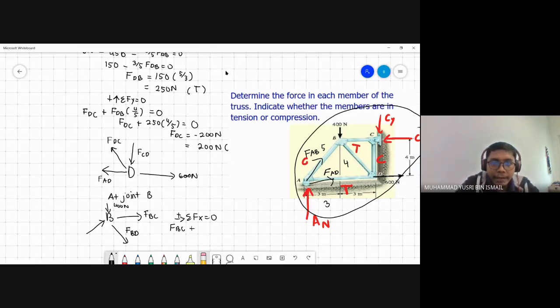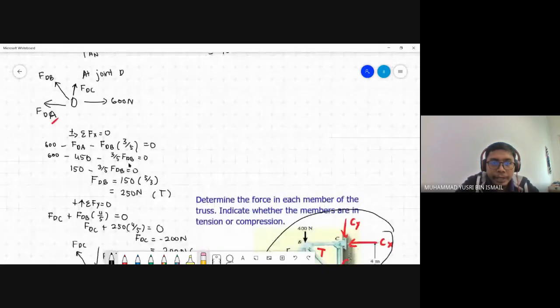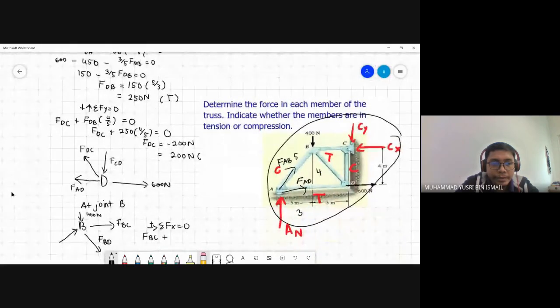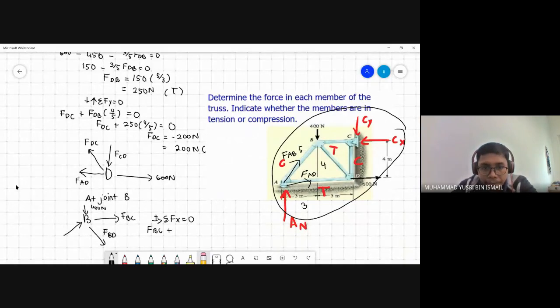We already calculated FAB equal to 750. And then FBC, and then FBD.